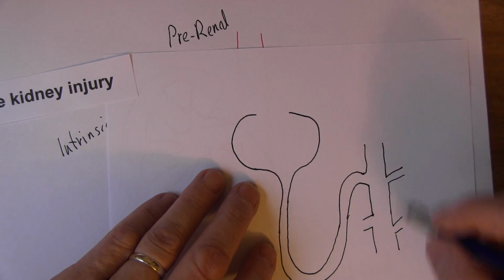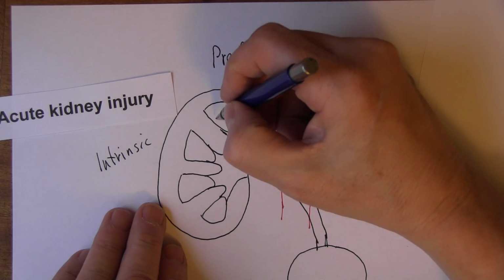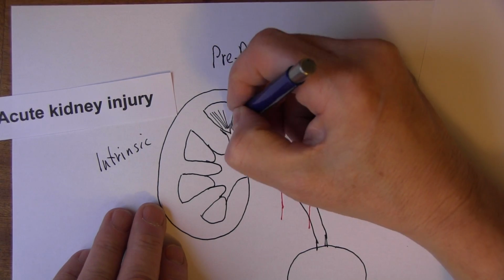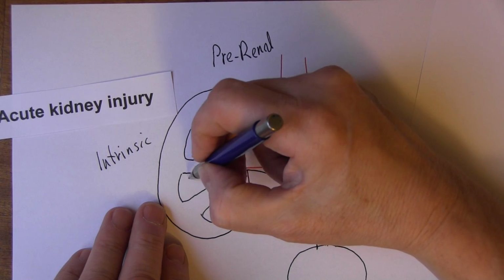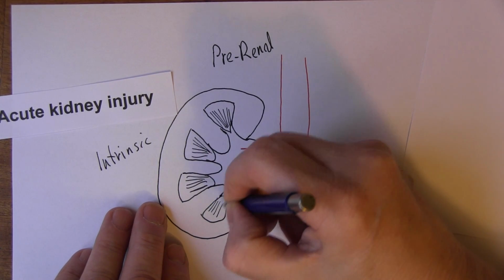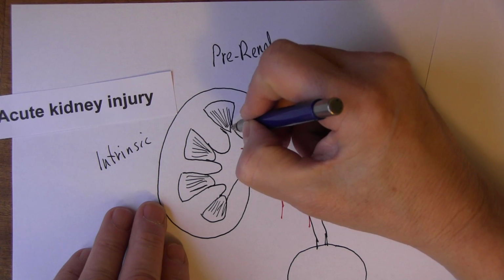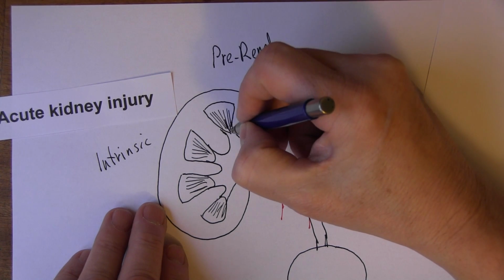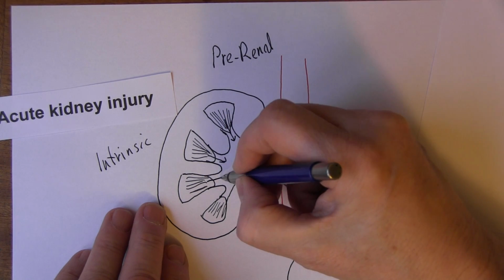and these collecting ducts go down through the medullary pyramids. Each one of these lines I'm drawing here would be one of the larger collecting ducts, and they're going to drain the urine out here in the medullary papillae into the calyces.